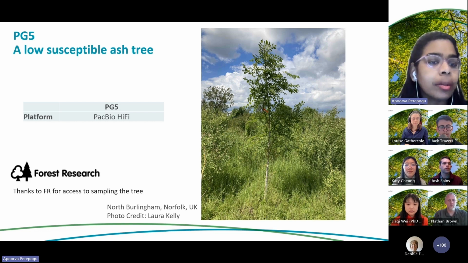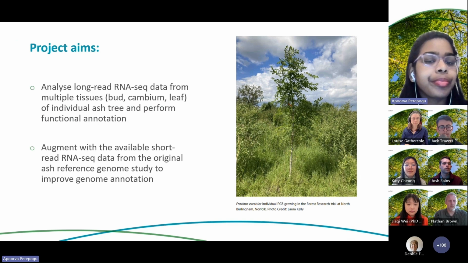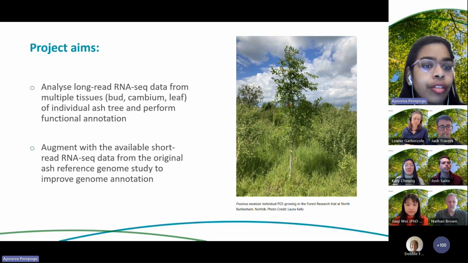My project mainly aims at annotating this genome, based on the long-read RNA-seq data that we've sequenced from different tissues of this individual tree, and also augmenting this data with some of the short-read RNA-seq data from the original ash reference genome to improve the genome annotation at the end.